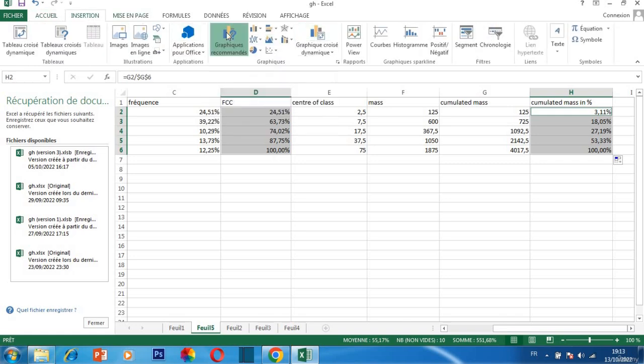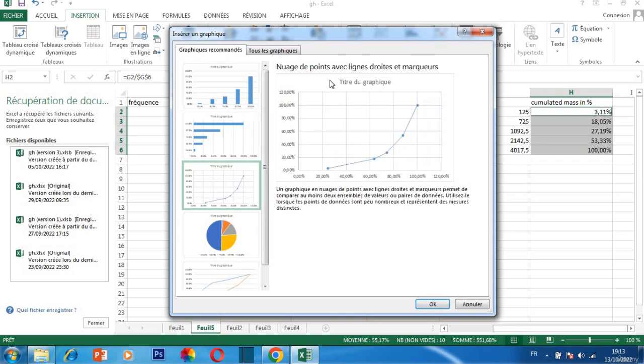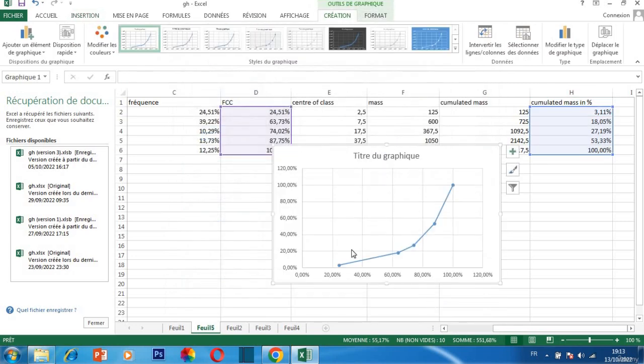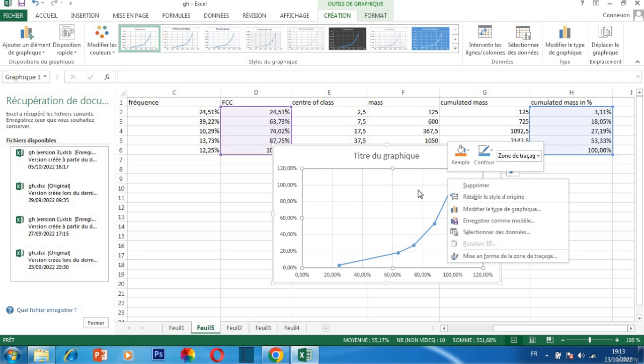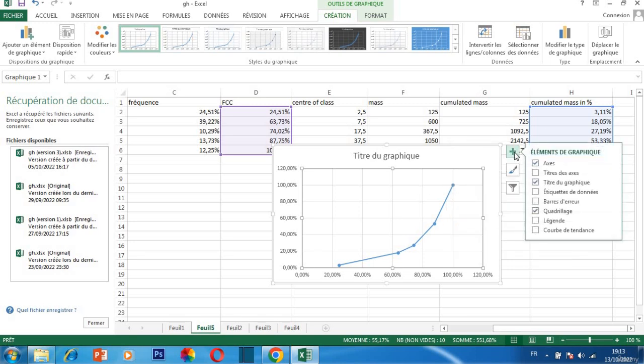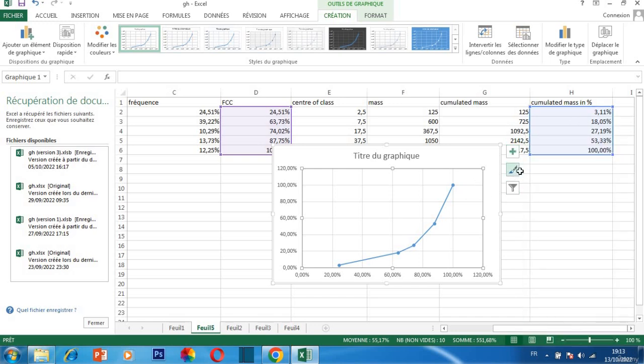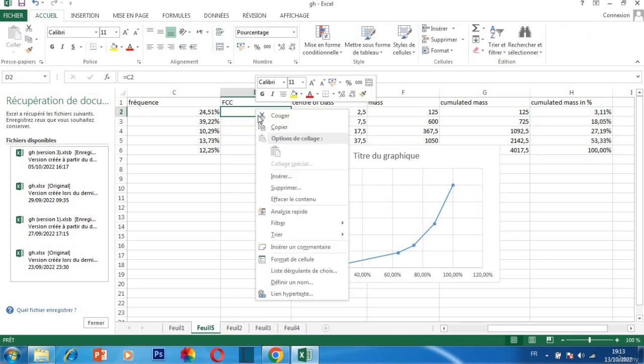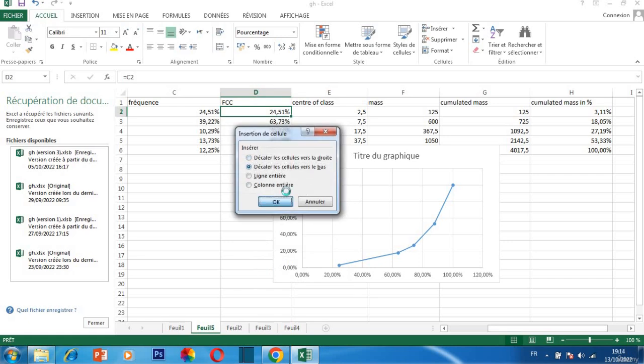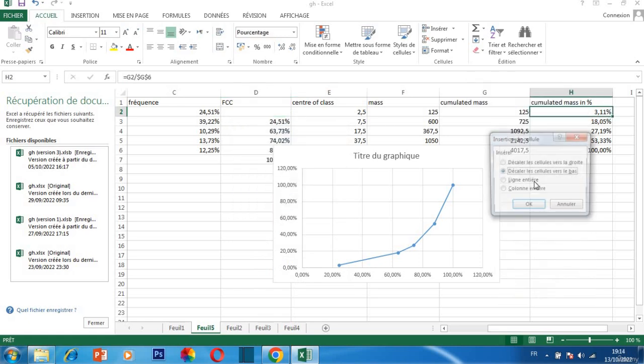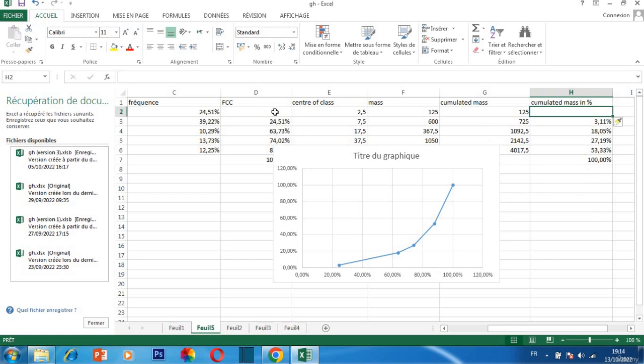graph. We're gonna select this one, right? But what we have here is we don't have zero selected here. So in order for us to add 0 here, 0% child, we select that, insert here, and we take 0% child.